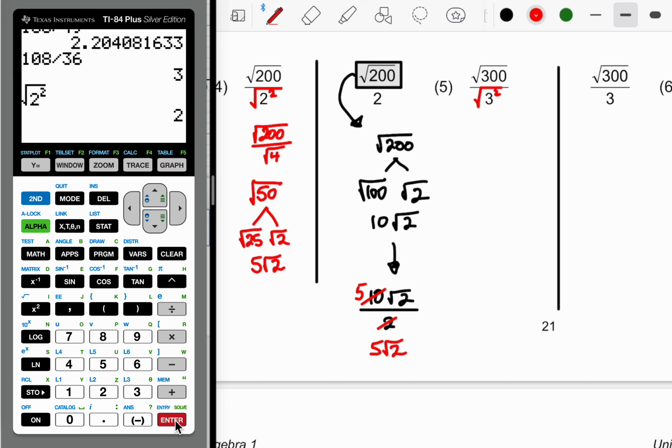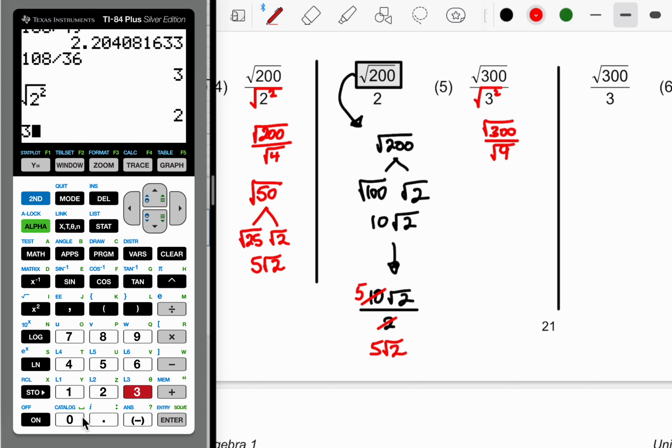That makes it radical 300 over the square root of 9. Now I can try to simplify this. The one drawback to this approach is that once you square the bottom, if it doesn't divide evenly into the top, you may end up creating more work for yourself.